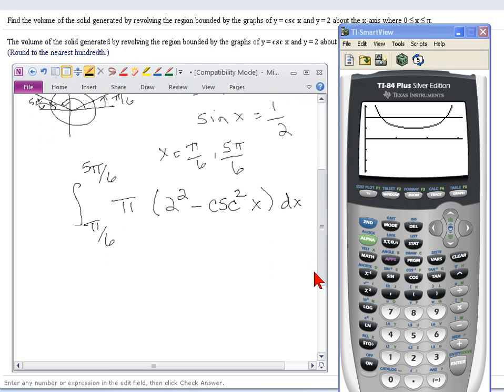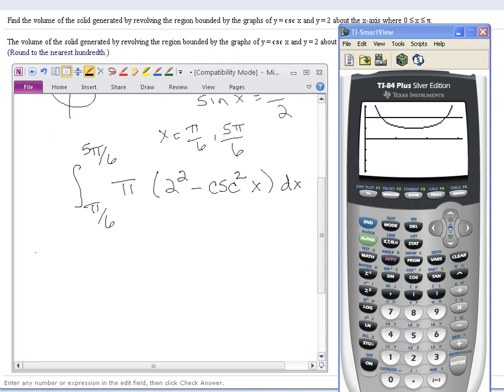Okay, and so then this pi, of course, can just come out in front, and you're going to have the integral from pi over 6 to 5 pi over 6 of 4 minus cosecant squared x dx.